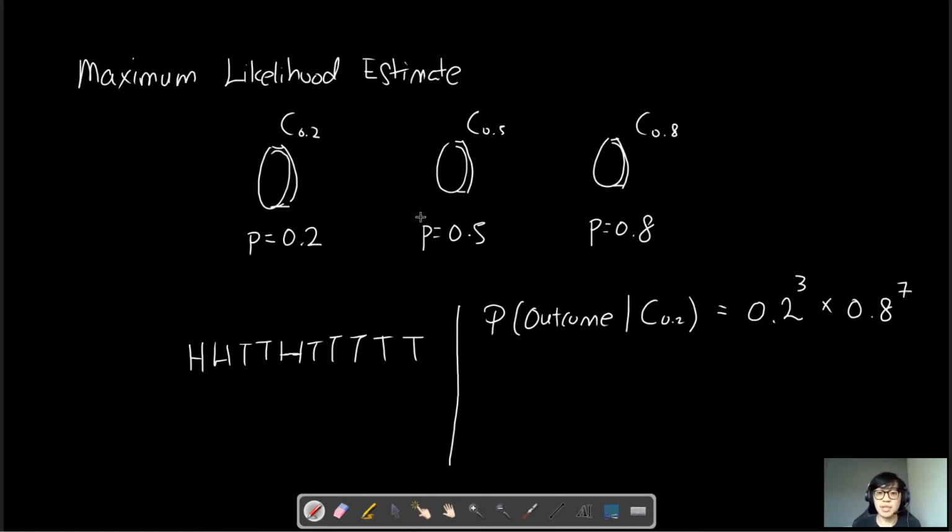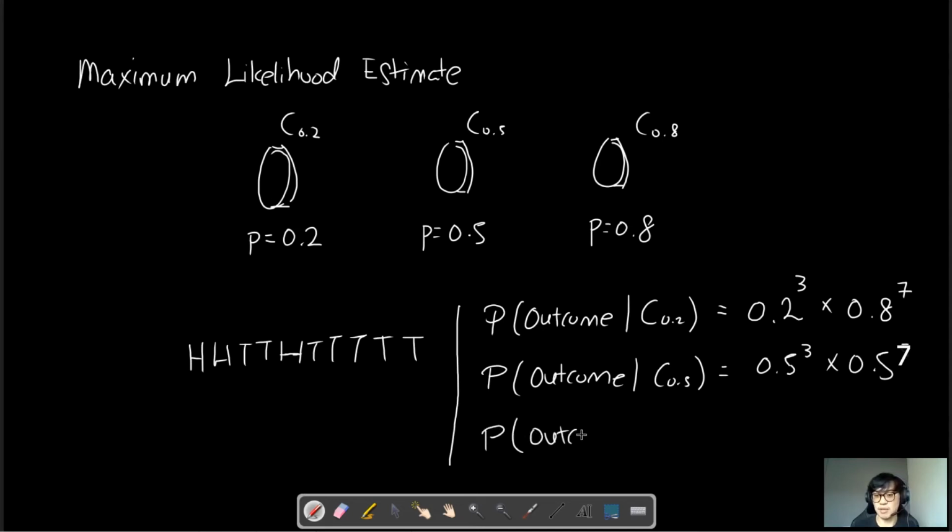Now we can do the same thing for all the coins here. The probability that you see your outcome, given that we assume our coin is the 0.5 coin, is just 0.5 to the power of 3 times 0.5 to the power of 5, right?